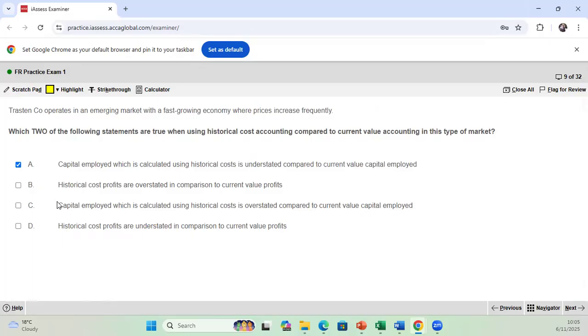So when there is inflation and you keep using these lower prices, you will be reporting higher profits than current value profits, because current value adjusts the costs. So that one again, I think it's true. Historical cost profits are overstated, because we are using the old lower cost, especially when prices are rising, so the cost we are using is lower.